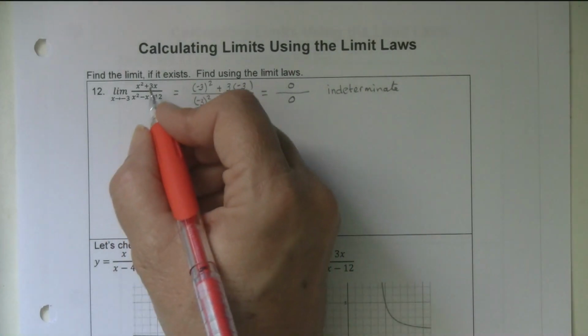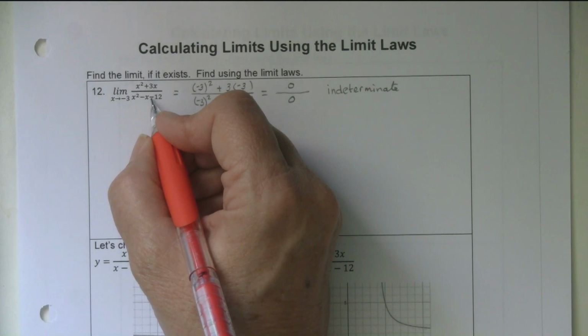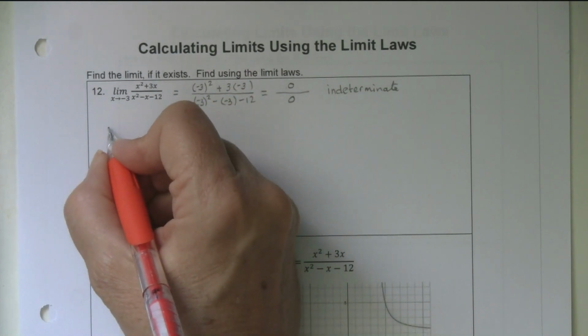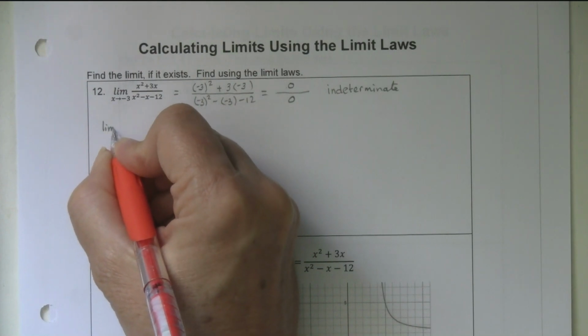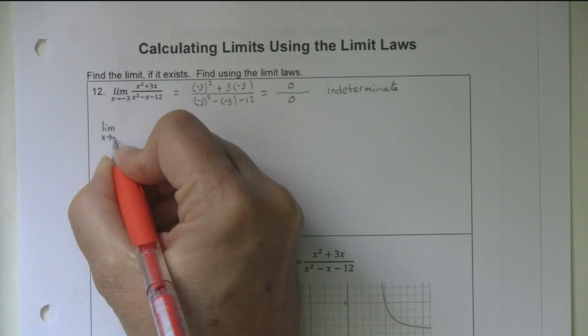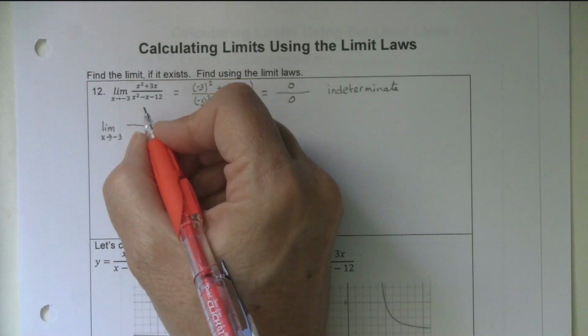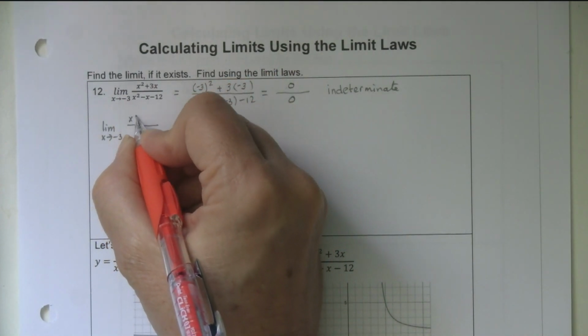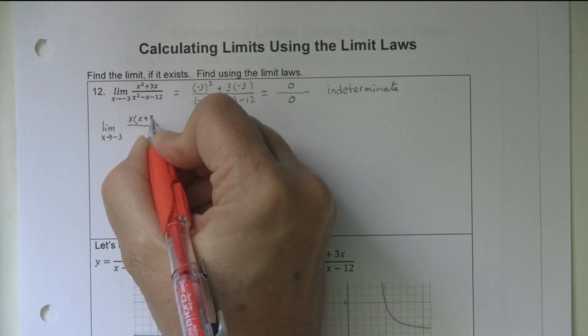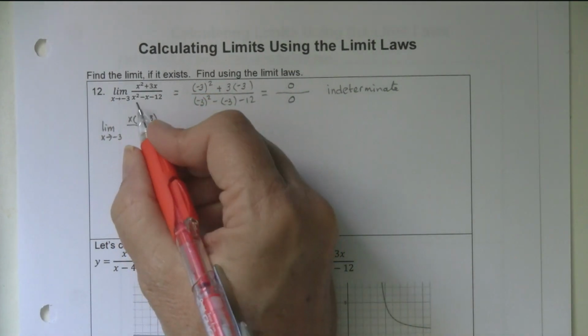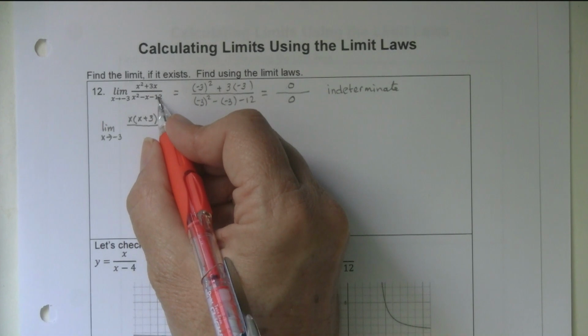And so since this is just a polynomial divided by a polynomial, I can perhaps factor the numerator and the denominator. So that's what I want to do next, is I want to factor the numerator and the denominator. So the numerator is factoring out an x. I get x plus 3. It has a greatest common factor. And the denominator does not have a greatest common factor.